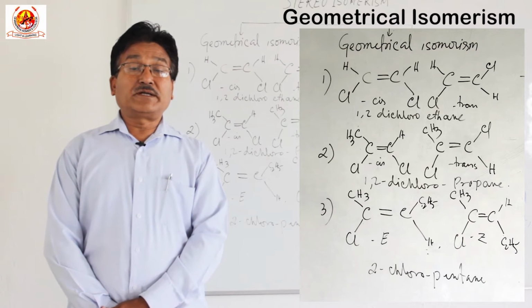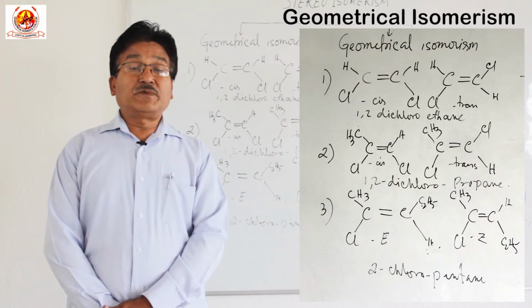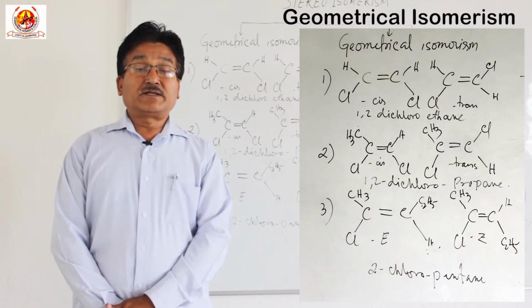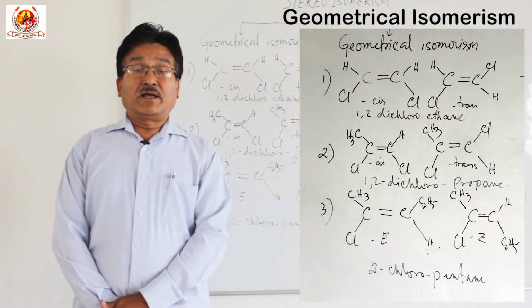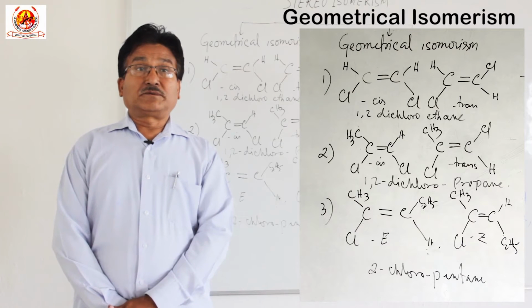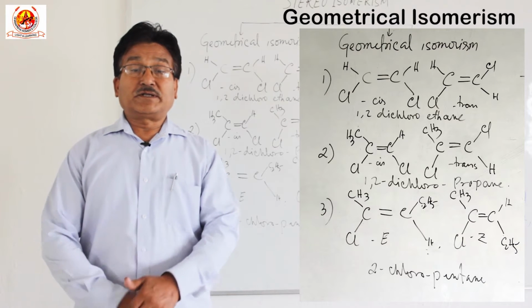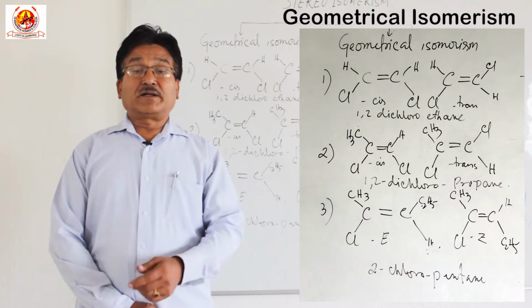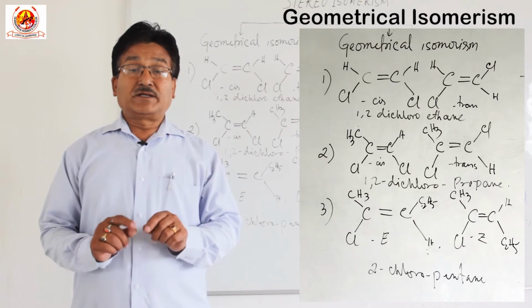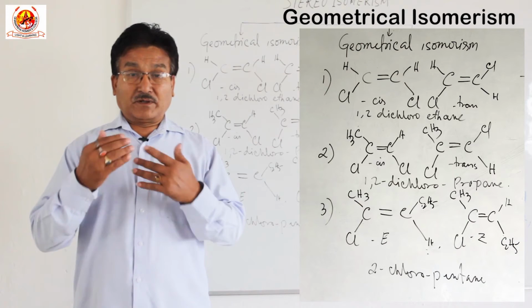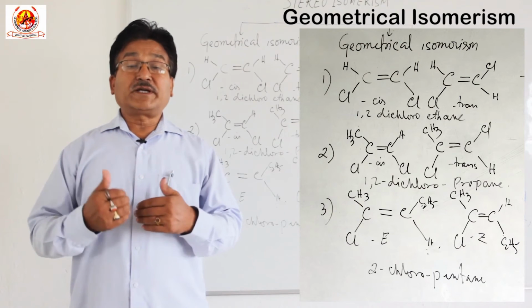Chlorine and chlorine are the reference groups. If these groups are on the same side, this is a cis compound. In the case of the trans compound, the CH3 and Cl are on the left side, and the chlorine atoms are on different sides of the axis.